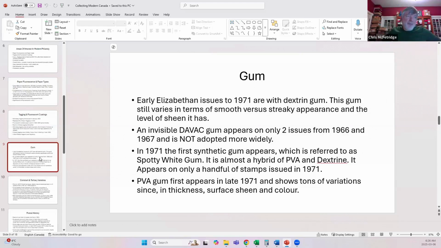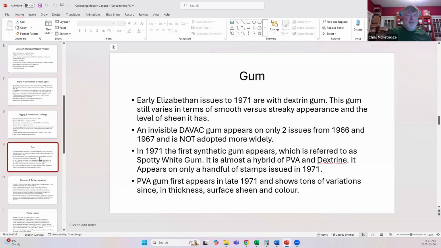Starting in 1966 and 67, we had a very brief invisible gum that I alluded to earlier in the talk. And then in 1971, we got a synthetic gum, which we call spotty white gum. And it's almost a hybrid of PVA and dextrin. It appears on only a handful of stamps issued in 1971, and then it just disappears.